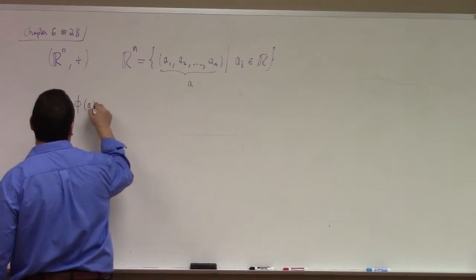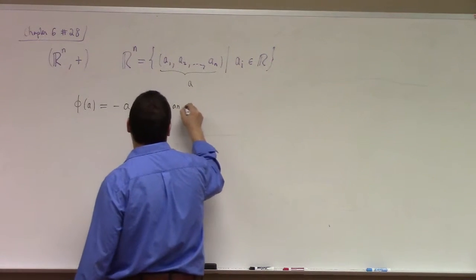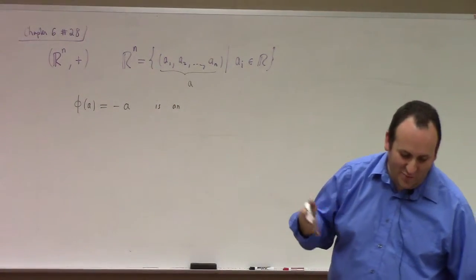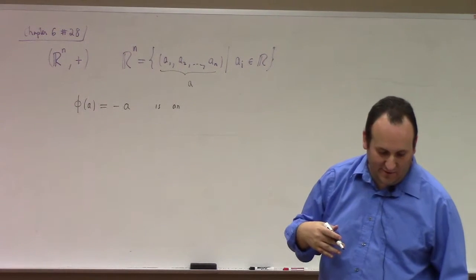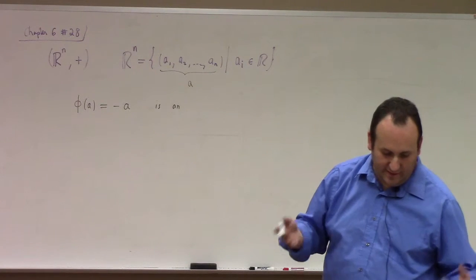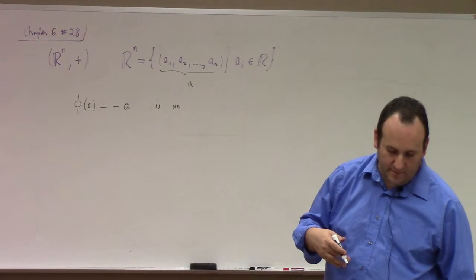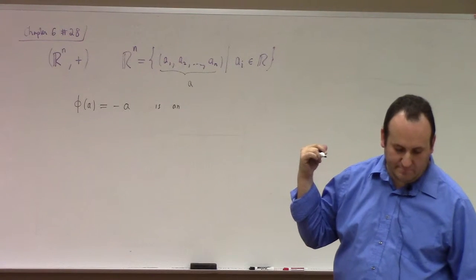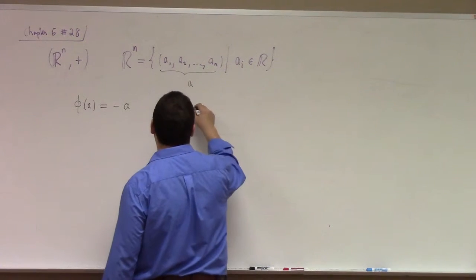So phi of A is equal to minus A. He's writing it in a way which presupposes a lack of background in the reader, in gory, unnecessary detail. We're supposed to show that this mapping here is an automorphism of the additive group of Rn. It's called inversion.